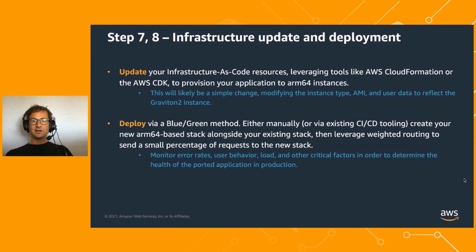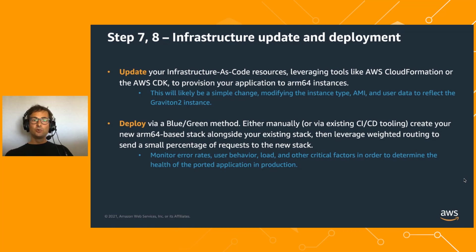And in an environment like ECS or EKS, you can have both architecture running at the same time in the same cluster. So you mainly have to update the instance type, update the AMI ID, because of course you're not going to use the same AMI for the two architectures, and potentially update the user data to reflect some Graviton-specific features.